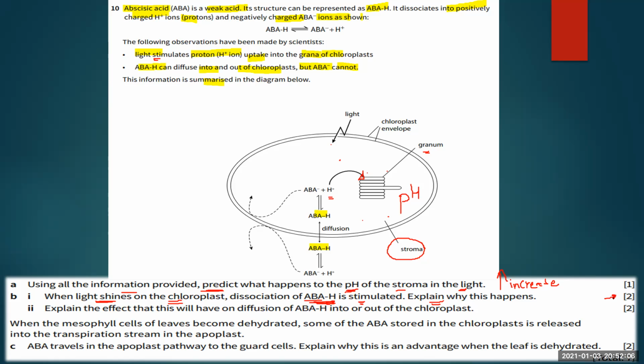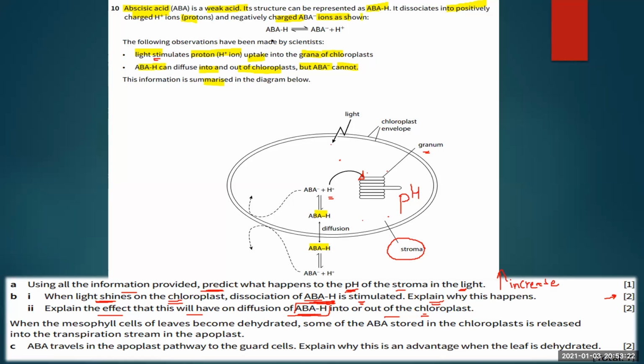So for 2 marks. Then they're asking, explain the effects that this will have on the diffusion of ABH into or out of the chloroplast. The effect that this will have on diffusion of ABH, the entire abscisic acid, into or out of the chloroplast.